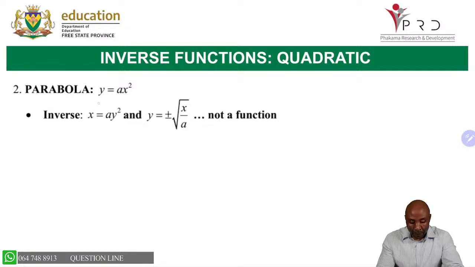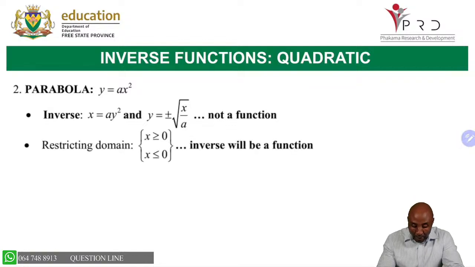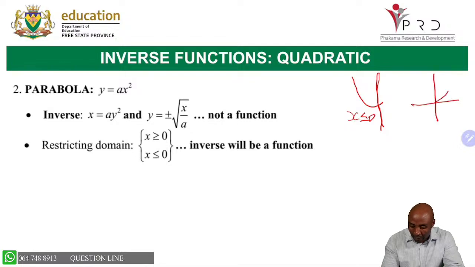So remember, this is not a function, but if we restrict the domain, then it becomes a function, a one-to-one function. Our parabola is like this. So when we restrict the domain, it means we are dealing with only this half if our x is less than or equal to 0. And then we also have that piece if we are only restricting the domain to x greater than or equal to 0.